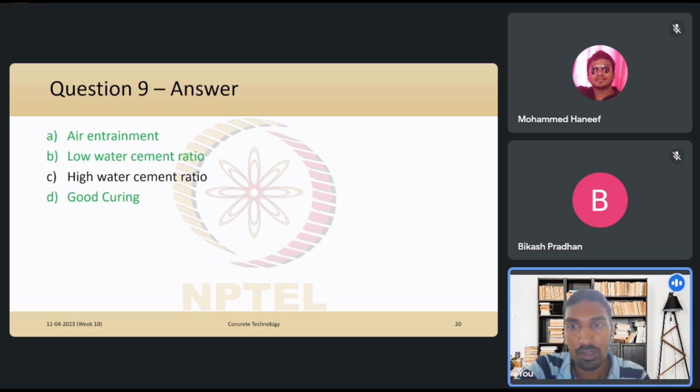With better hydration, you have control over the porosity, and therefore it will also help you improve the effect against frost action, right? So all three can help you control the effect of frost. Therefore A, B, and D are the right options.